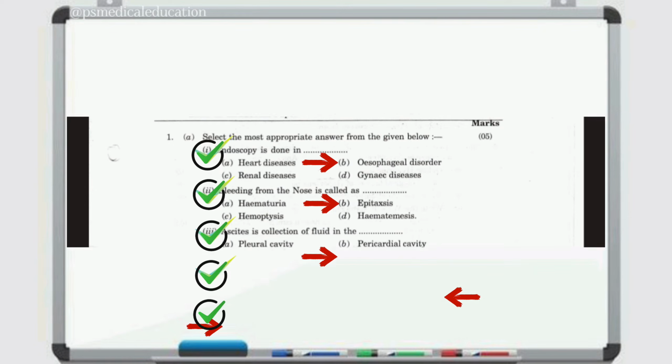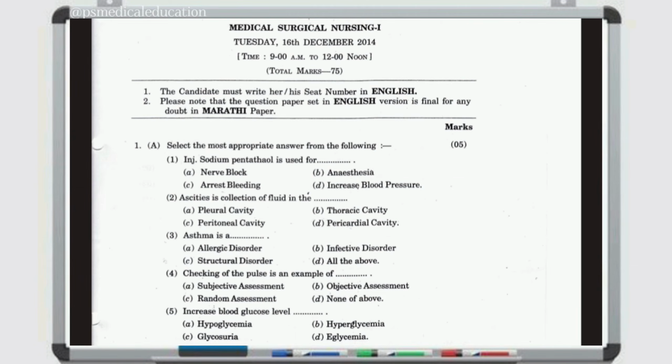Answer is A. Next, injection sodium pentothal is used for anesthesia. Answer is B. Next, ascites is collection of fluid in the peritoneal cavity. Answer is C. Asthma is an allergic disorder.